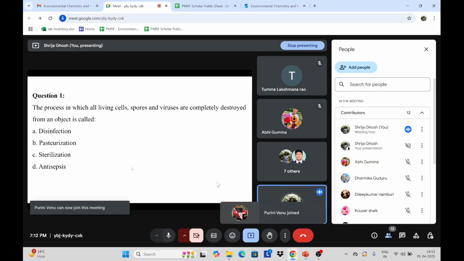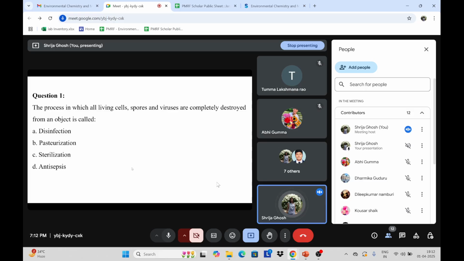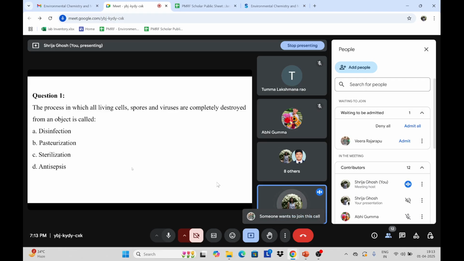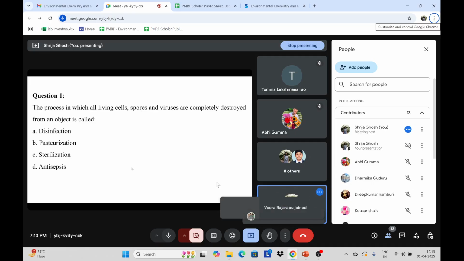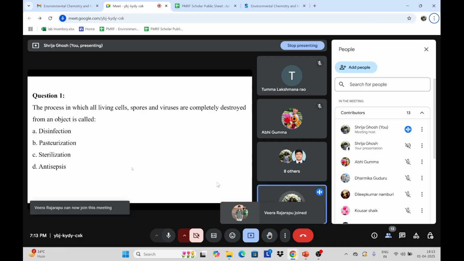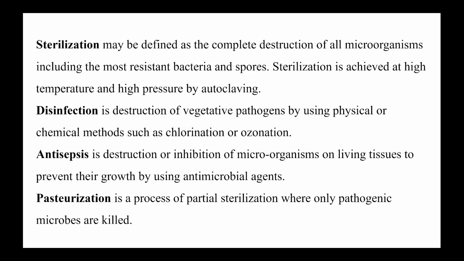Those are disinfecting solutions used to remove any vegetative pathogens that are present on the floor. Other examples are chlorination or ozonation. All these techniques can help in destroying the vegetative pathogens.